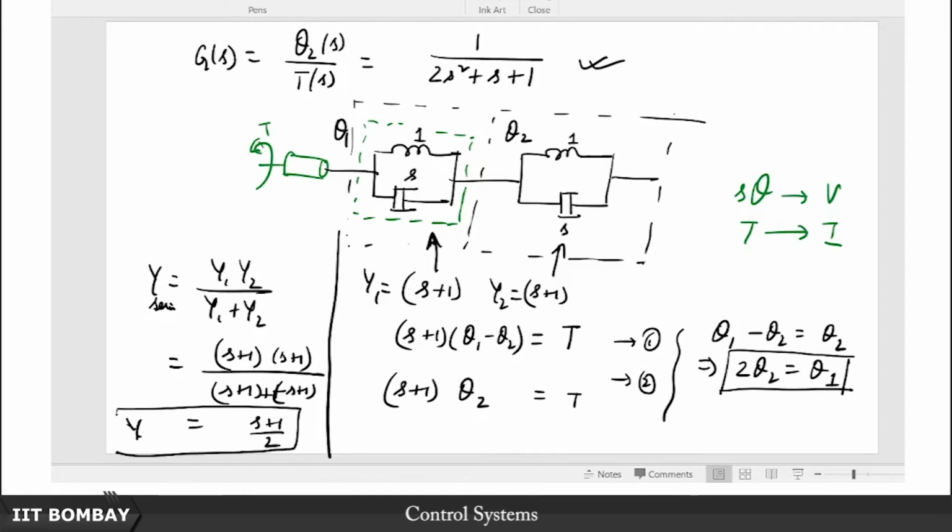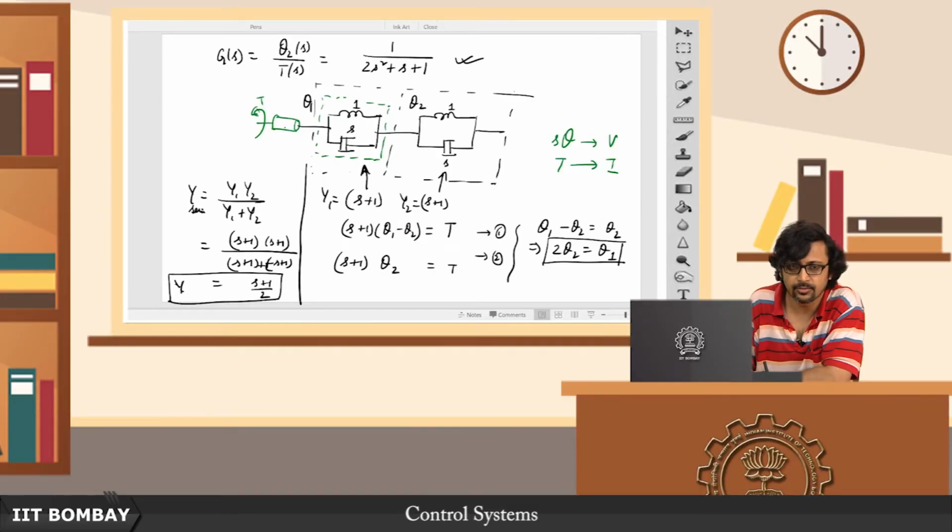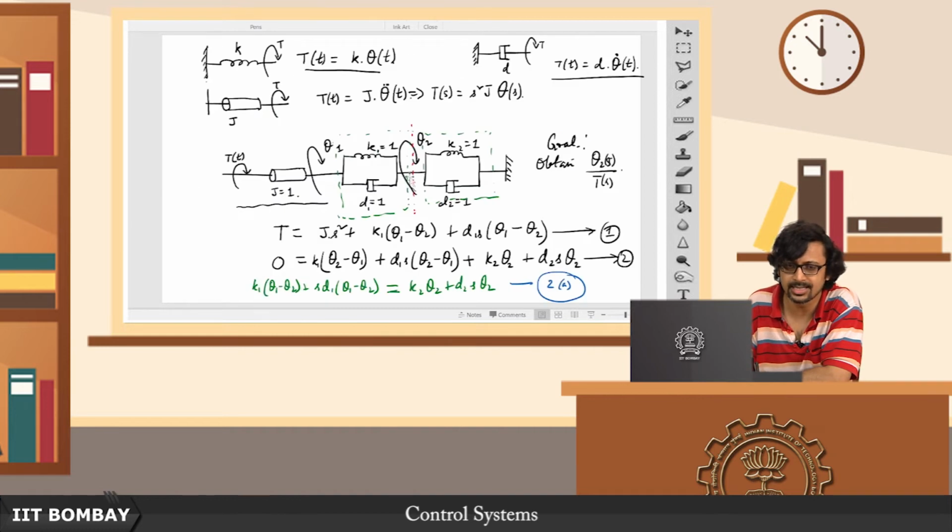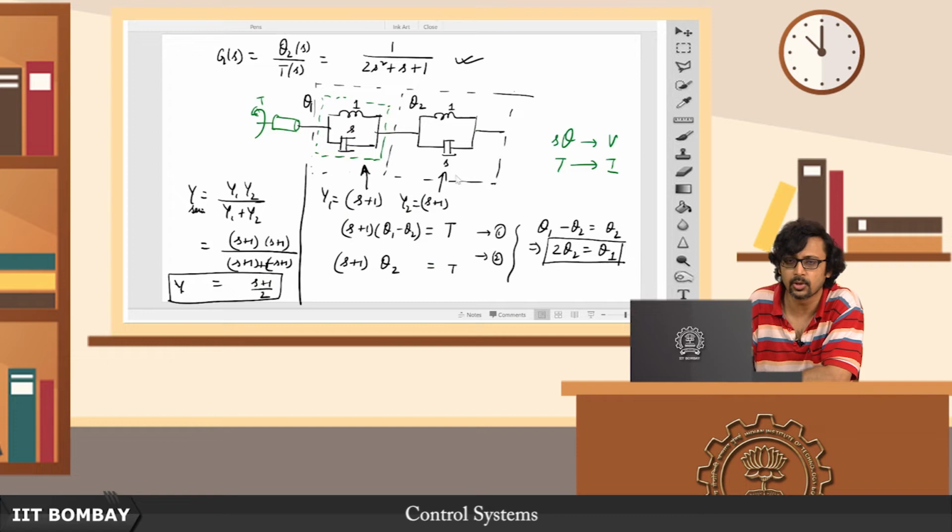So remember, what I am going to do now is, instead of writing those two separate equations and deciding at every juncture that I am going to write a different equation, I am going to just reduce these blocks. Just to give you the analogy, when you have a single voltage source like this, and let's say you want to find out the total current flowing through this circuit, right?